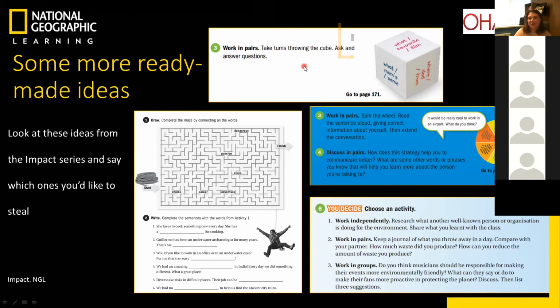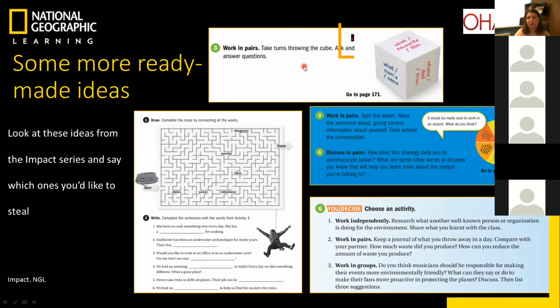Again, it's a part of free practice, and instead of just having these questions listed, you may have this cube. If you teach using Impact books, then you can see this cube at the back of the book, and also you can find them on the micro companion website.